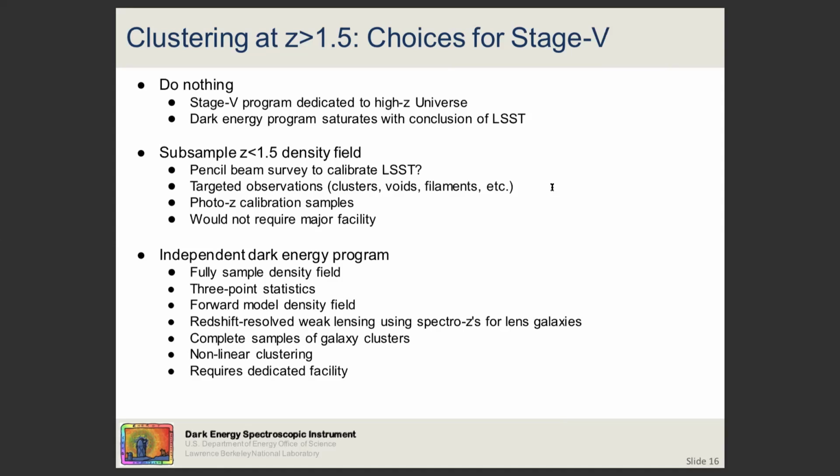You can imagine doing a weak lensing survey from the LSST data, but using the spectroscopic redshifts for every source galaxy. Not lens galaxies, but source galaxies. You can imagine getting complete samples of galaxy clusters. You can imagine how far down in the nonlinear regime you can go. These are the areas where you could explore, and we don't need to know the answers to these today.